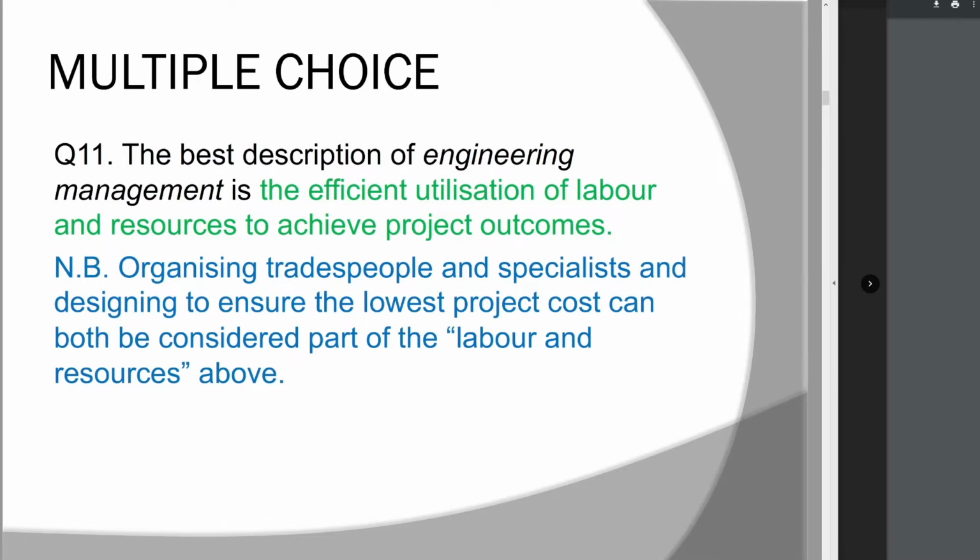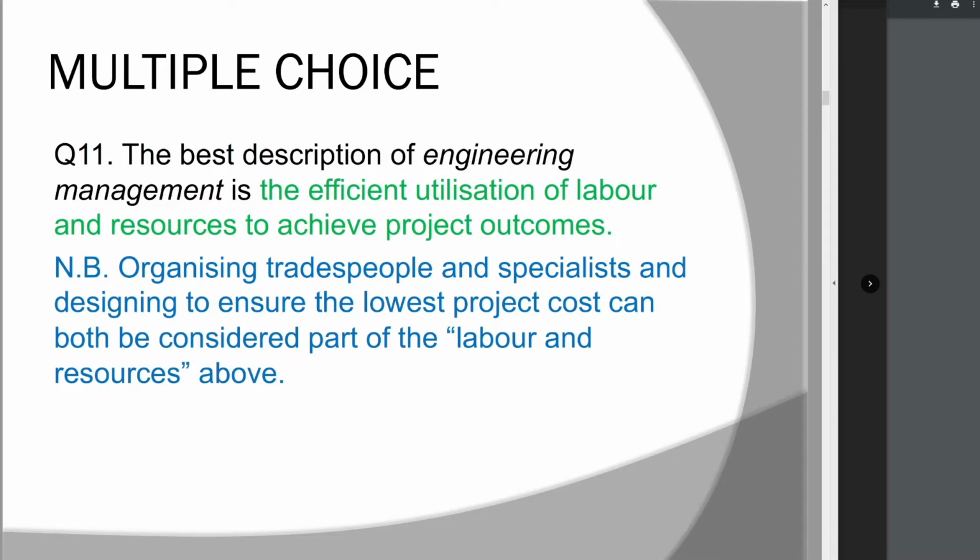It's covered in pretty much every topic, but we talked specifically about the difference between design managers and production managers or site managers in construction. We talked about safety, and about labor and resources.